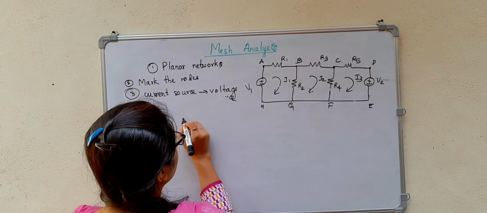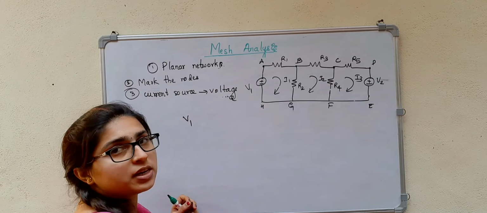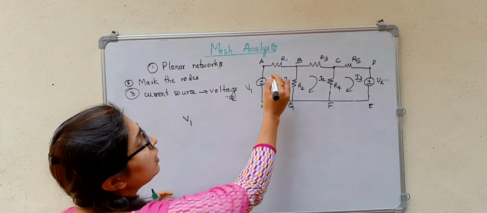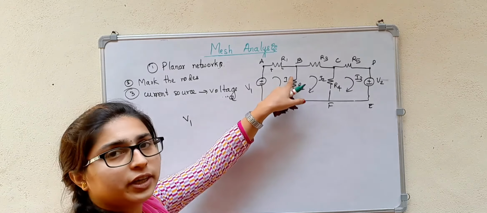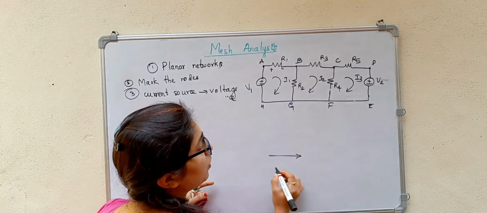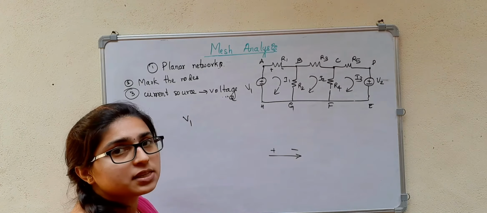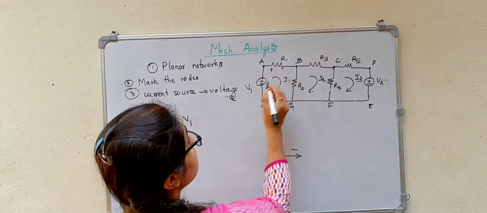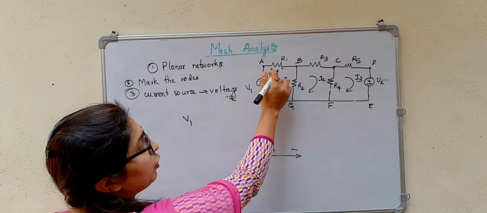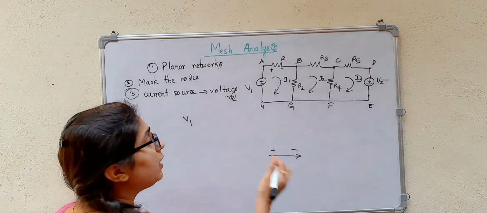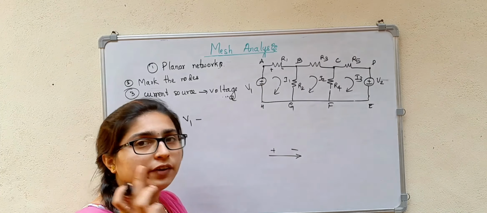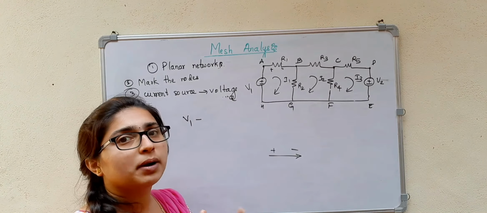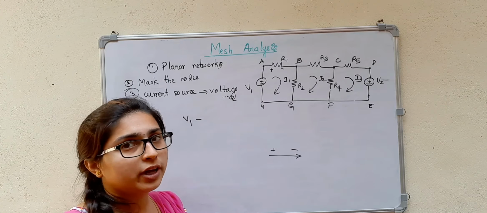Since we are getting minus first, it is plus V1. Then you know the voltage drop: if you are getting plus first, it will be a voltage drop, and if you are getting minus first, it will be a potential rise.